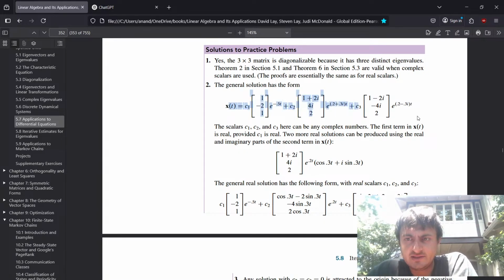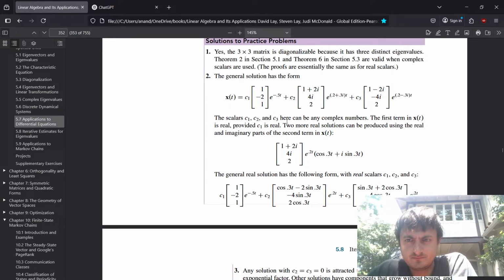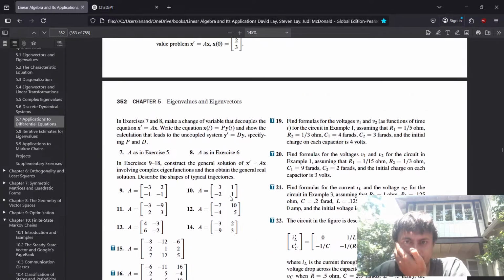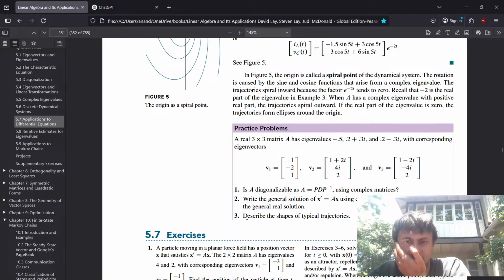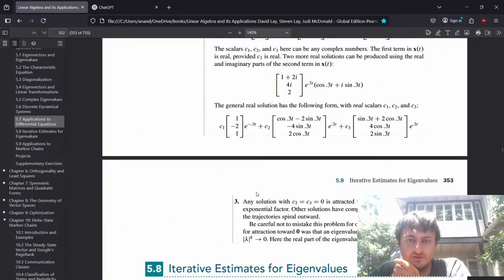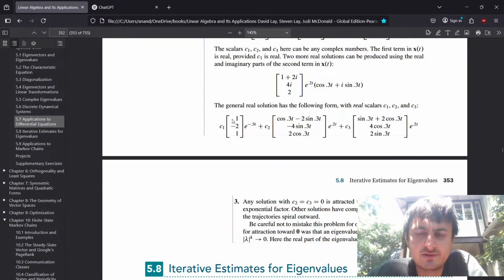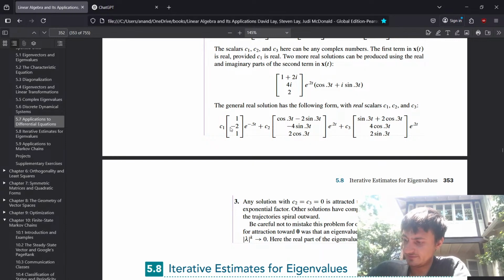Okay, so I got this. That was easy. They didn't even do 3. Where's 3? Oh, here's 3. So then the general real solution is, yeah, this is what I got. So C1 v1 e to the, yeah.